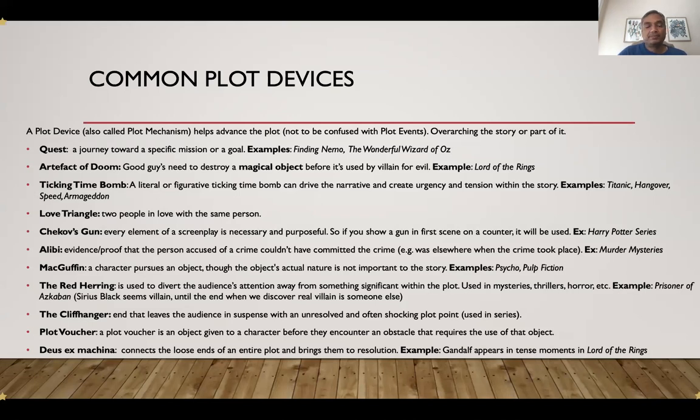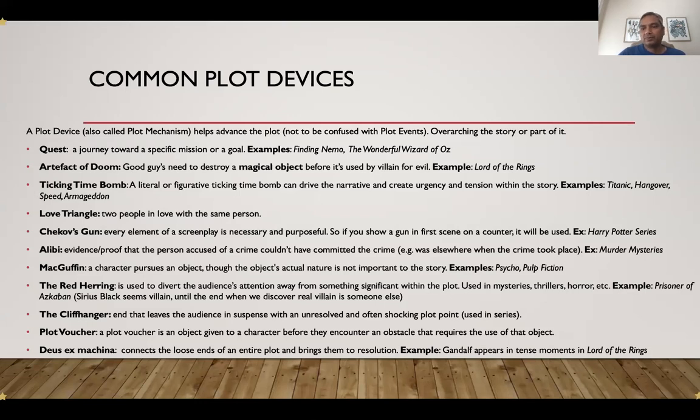I've taken examples from a number of areas just to make the point that it is not always about a crisis. So ticking time bomb, plot device is not always about a disaster or crisis or about somebody is going to die if you don't do it by this time. It's not always about that.